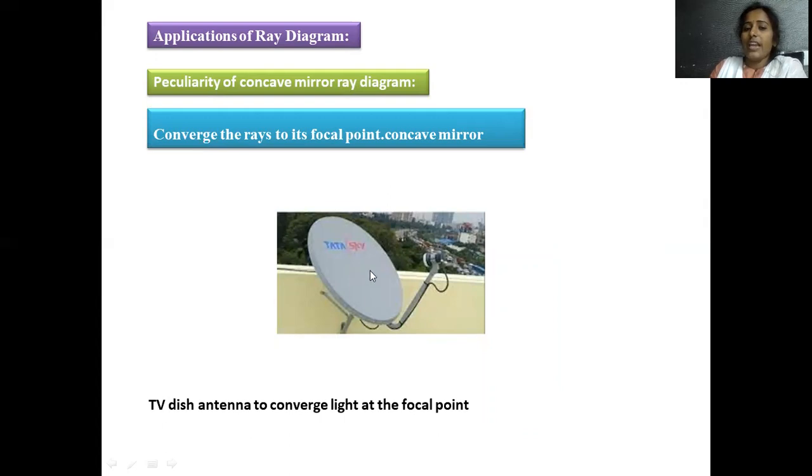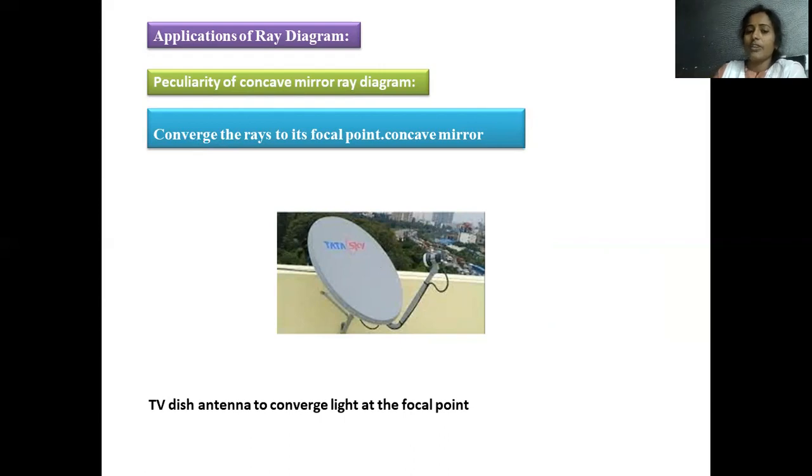The same analogy can be applied in the television antenna. The television antenna is able to receive the signals coming from the universe, and all get concentrated only at the particular point called the focal point, so that you are able to get wireless communication. Again, this is a kind of wireless communication. We are not getting information from one place to another through wires.